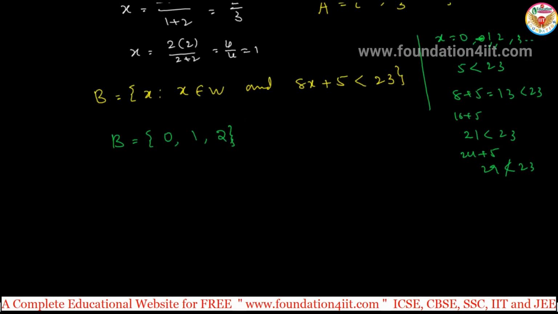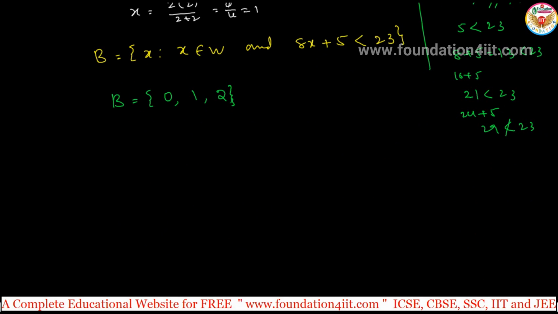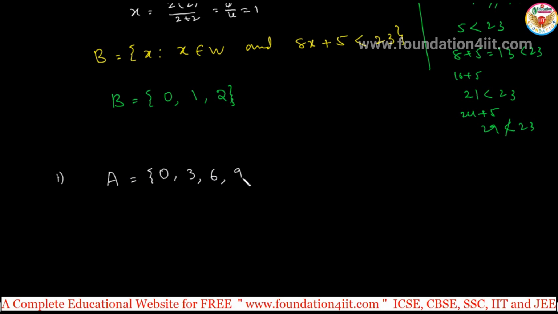In the same way, when it's given in tabular form or roster form, how to convert into set builder form? For example, a question where set A is given as 0, 3, 6, 9, 12, 15, 18. If any question is given in roster form, first observe the numbers.